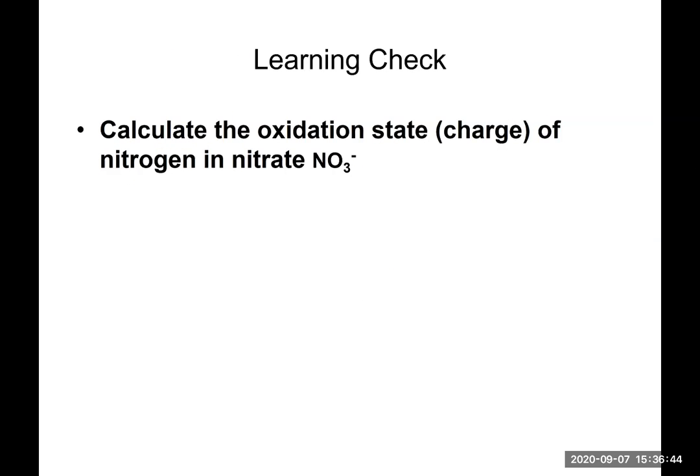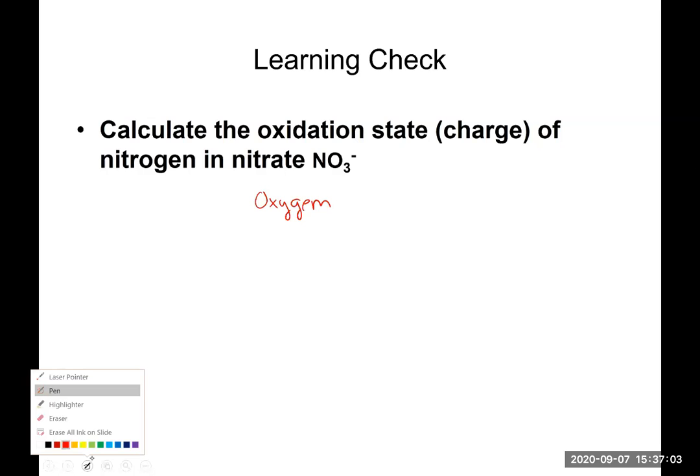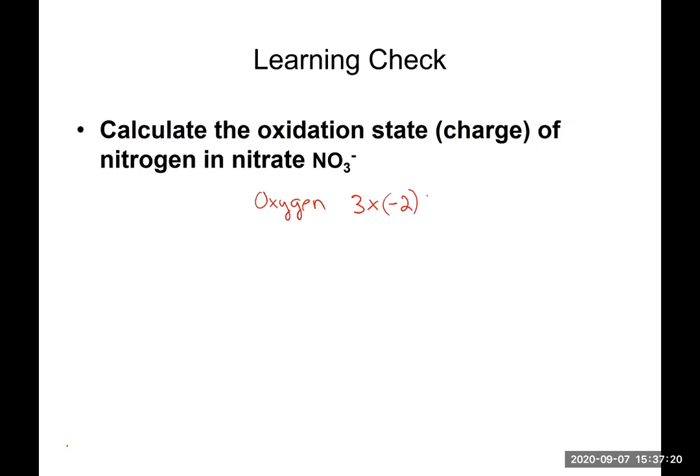So let's try that. Let's calculate the oxidation state of the nitrogen in the polyatomic ion nitrate. We know that oxygen is foolproof. Unless you're in a peroxide, which we're not here, oxygen is going to have an oxidation state of -2. We have 3 oxygens, so 3 times the -2 charge gives us -6.